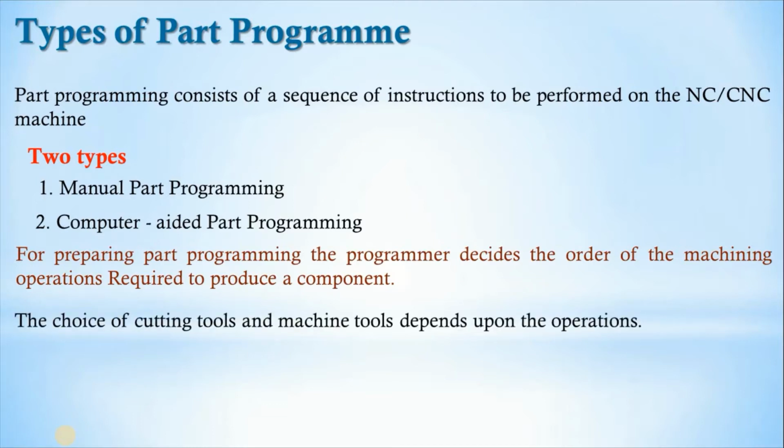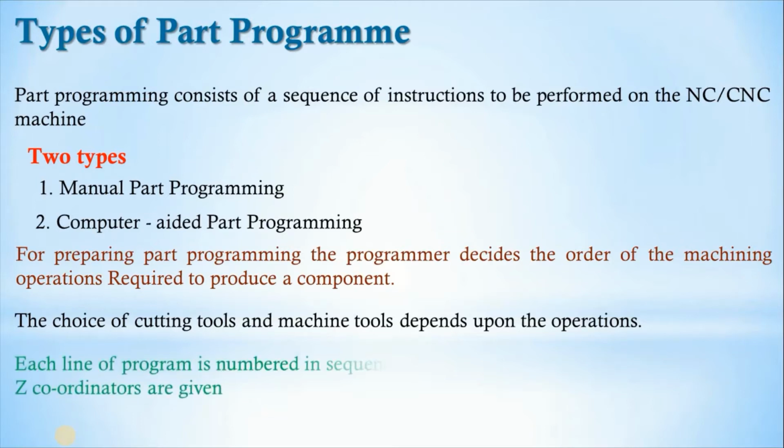The choice of cutting tools and machine tools depends upon the operations we have to perform. Each line of the program is numbered in sequence, details of operations are stated, and XYZ coordinates are given. Whether we write the program manually or computer aided, we have to follow these instructions and then prepare the part program.